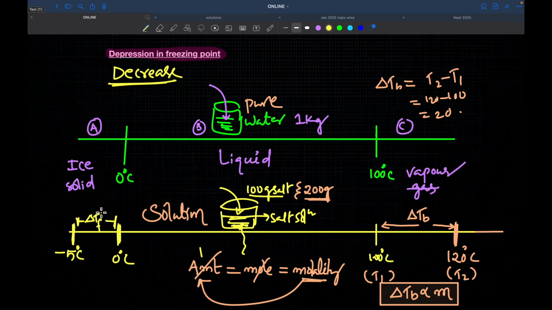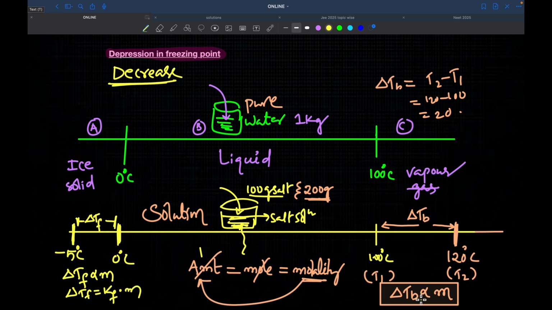Right? So this is it. And this delta TF is also directly proportional to the molality of the salt added, or delta TF equals KF into molality.